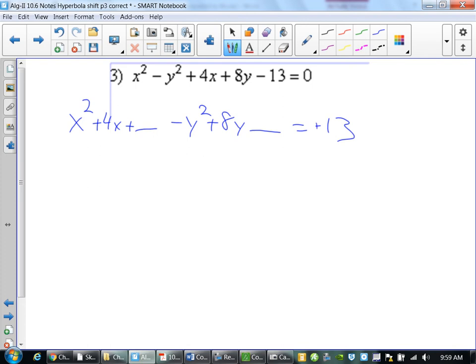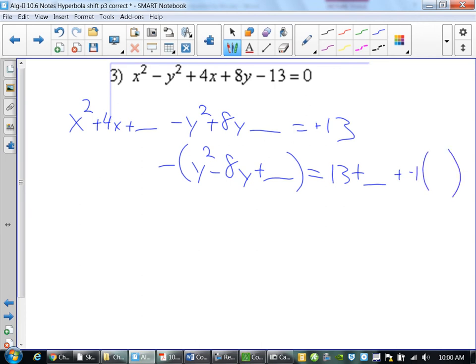I still have to factor the -1 out of the y squared. So I'm going to write it as negative, we have y squared minus 8y. Then I have to make sure I put back in. So we have 13 plus blank plus -1 times something. So we have x plus 2 quantity squared.